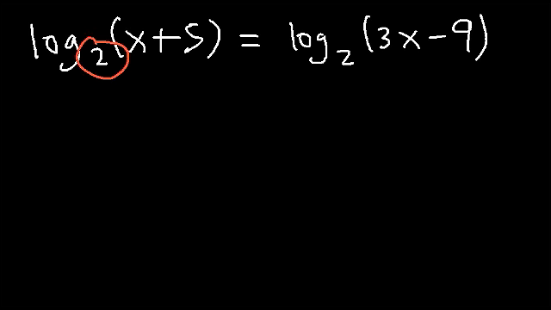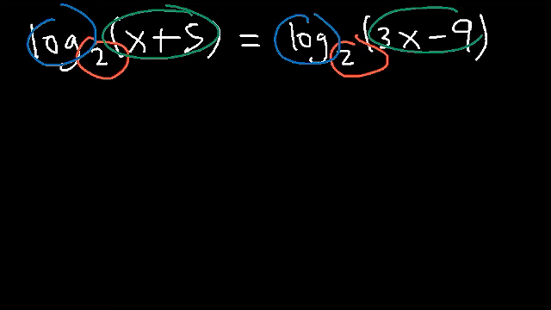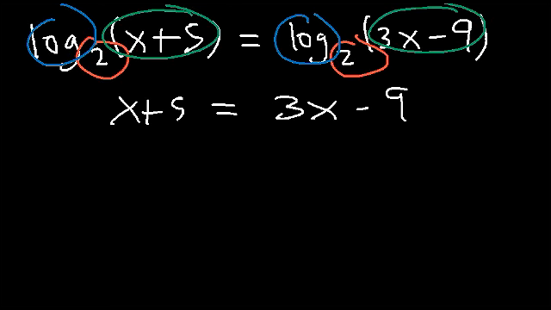Notice that we have the same base, same log, therefore what's inside should equal each other. It turns out that x plus 5, we could set it equal to 3x minus 9. Whenever you have a log equivalent to another log on the other side of the equation, you could set the inside equal to each other if they have the same base.